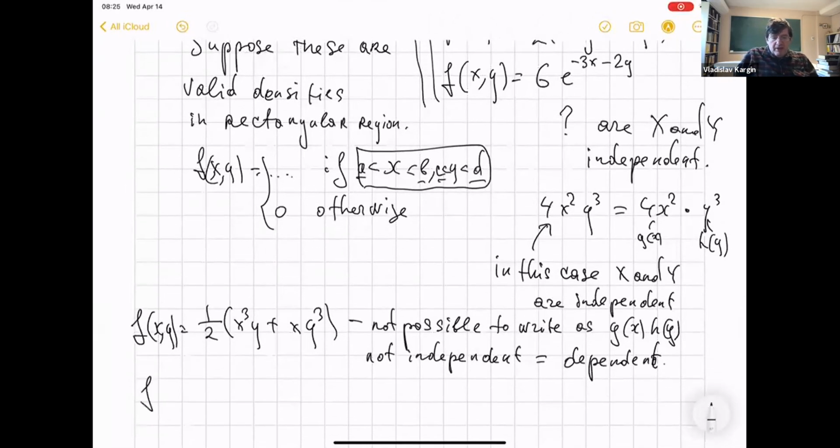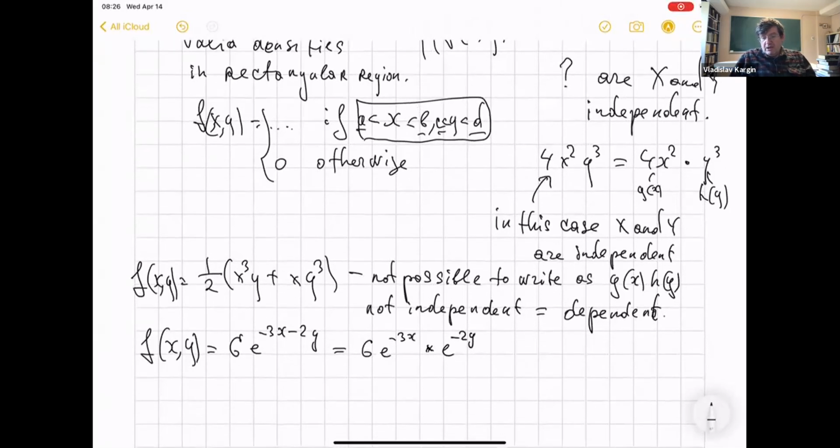Here f of xy is equal to 6e to the minus 3x minus 2y. At this moment, you just need to remember that this is exponential. So you can actually write it down as 6e to the minus 3x multiplied by e to the minus 2y, just by the properties of exponential functions. And so you factored this density as g of x and h of y.